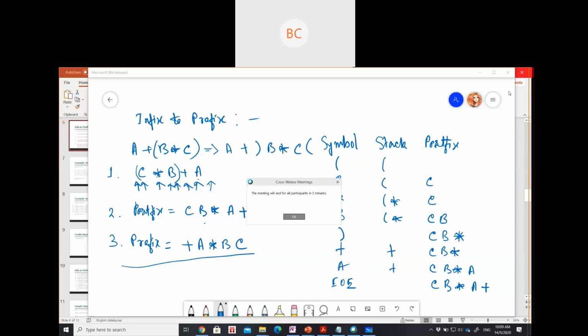I can do one thing. I can give you an assignment for this conversion thing. Then you will get to practice it. Then you will understand more. Okay. So I'll give you an assignment. Not today, maybe tomorrow. Then you can submit it on Thursday. Thursday we have class, right? Okay. Thursday, yeah, Thursday.